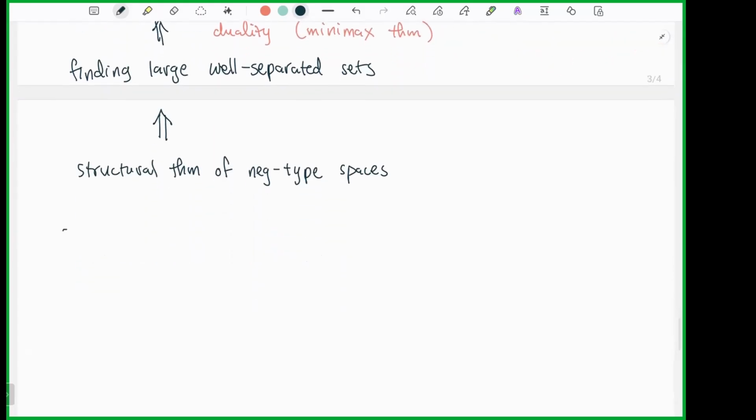So the single scale result looks like this.